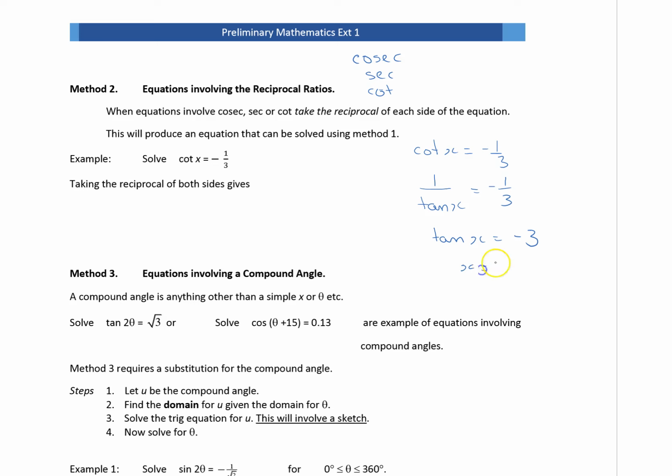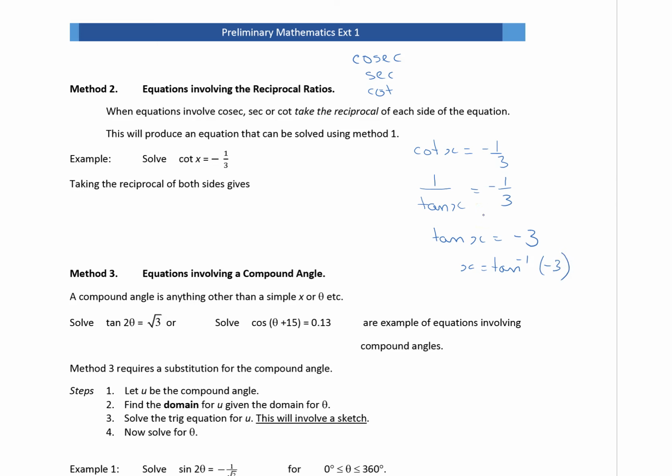Then to get x, you want the tan inverse of negative 3. Nothing is looking familiar in that negative 3 for a tan ratio. 1, or 1 on root 3, or root 3 on 1 would ring bells in terms of the 2 little exact triangles, but negative 3, nothing is familiar with that, so you would need to go to your calculator.